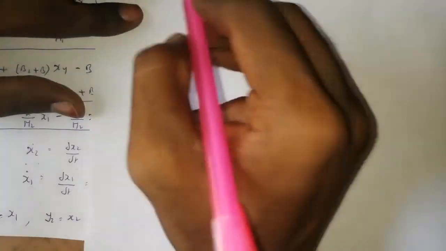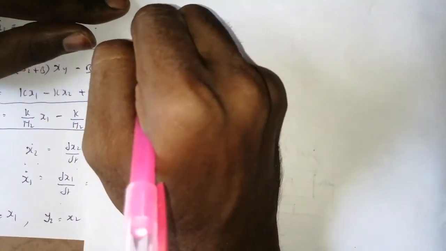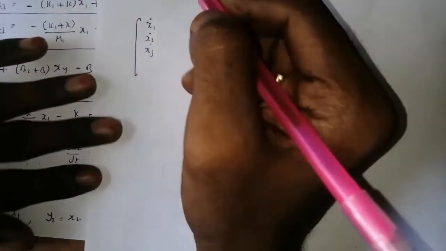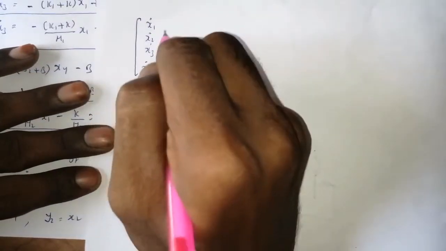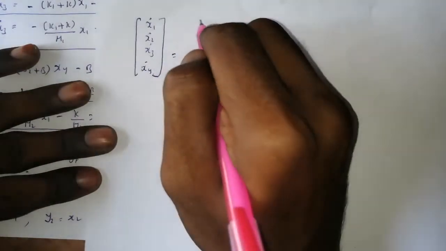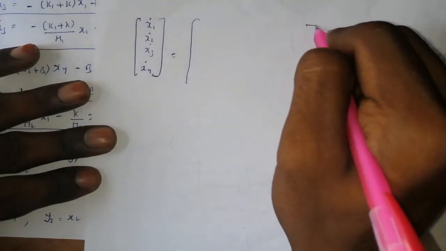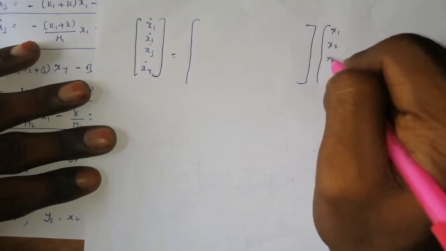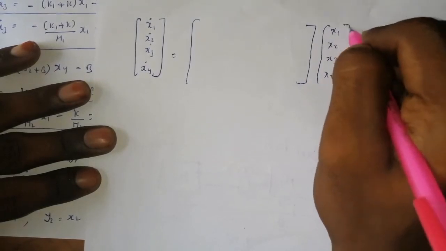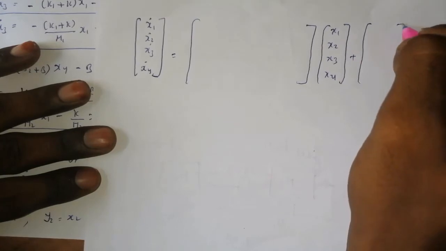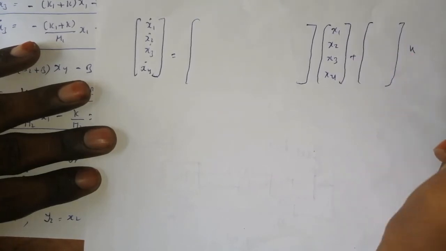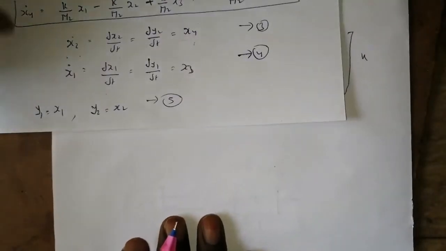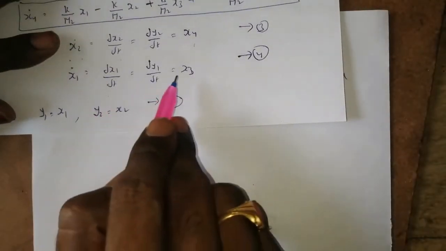So here let's consider the state equation: x1 dot, x2 dot, x3 dot, x4 dot equals, so state variables are x1, x2, x3, x4, plus u. So let me consider equation 1, that is x1 dot. x1 dot is nothing but only x3.